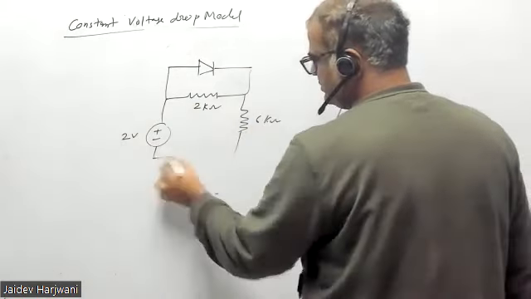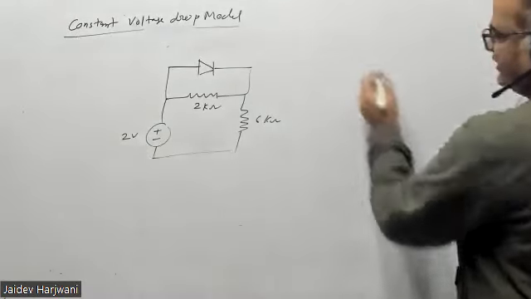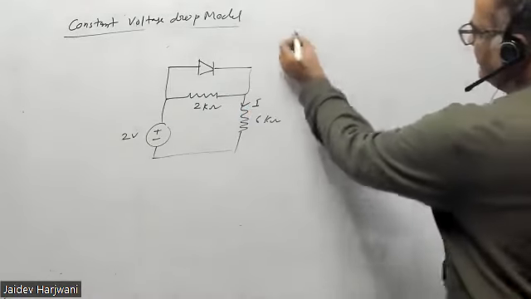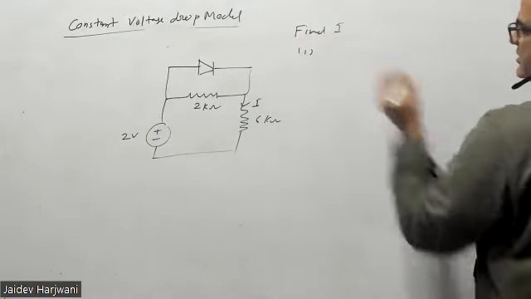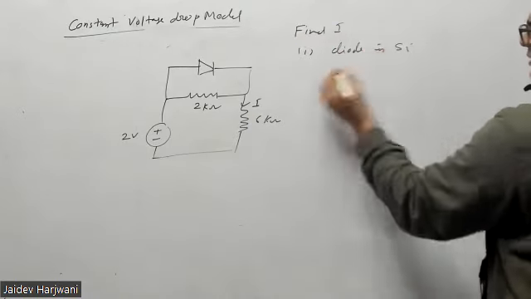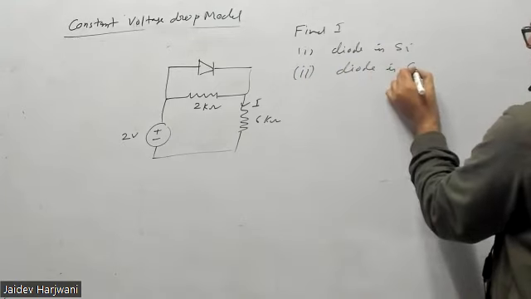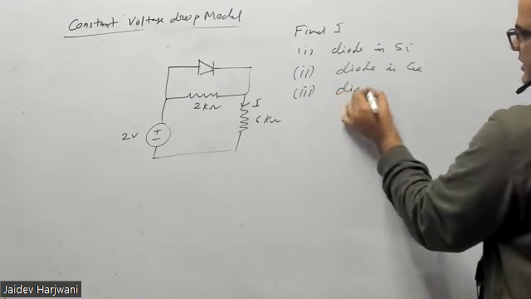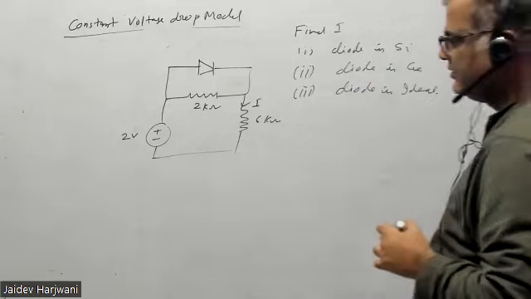Now find this current I, in 3 cases. First case, the diode is made of silicon. Second case, the diode is germanium, and third, the diode is ideal. In all the 3 cases you find I.